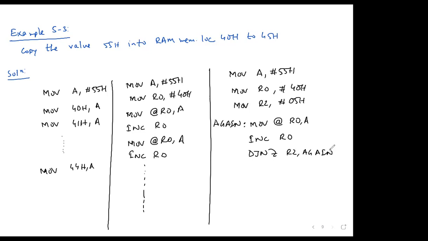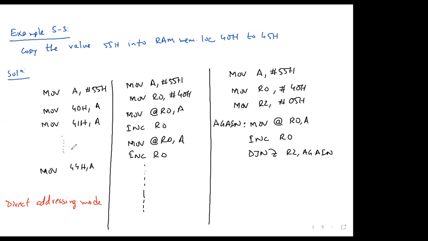In the first condition, they said to solve this using direct addressing mode. So this one is definitely your direct addressing mode. We are moving 55H to A, and then the address is given. So we just write MOV 40H, A; 41H, A; then 42H, 43H, and so on. This one is very simple.